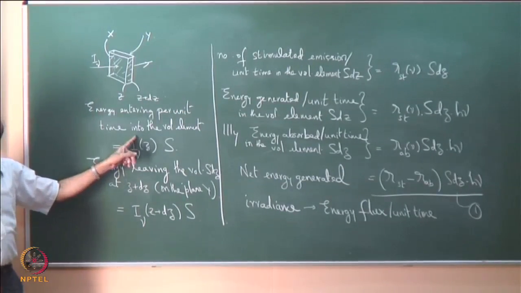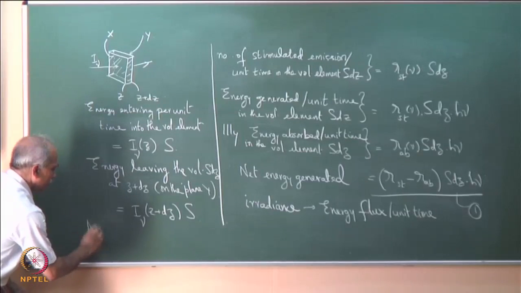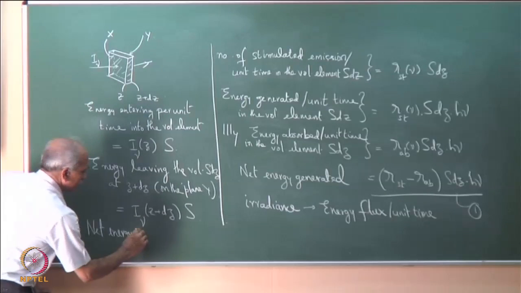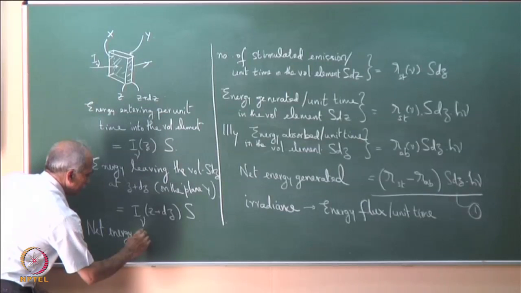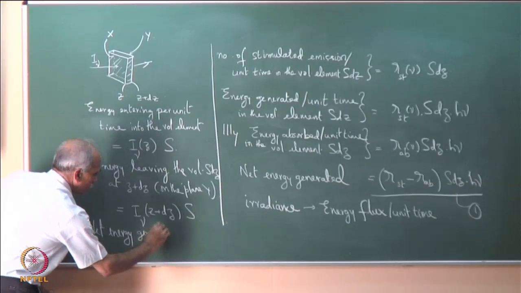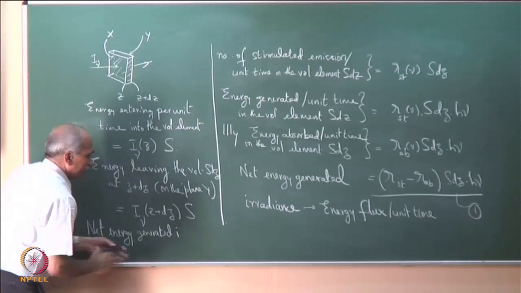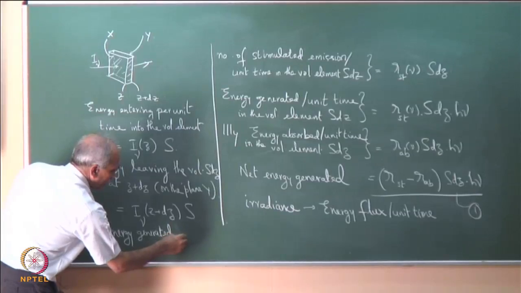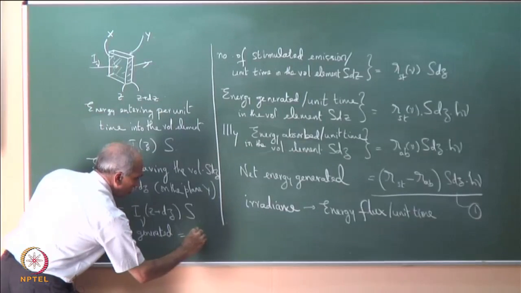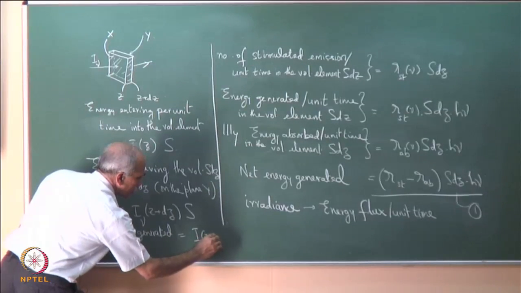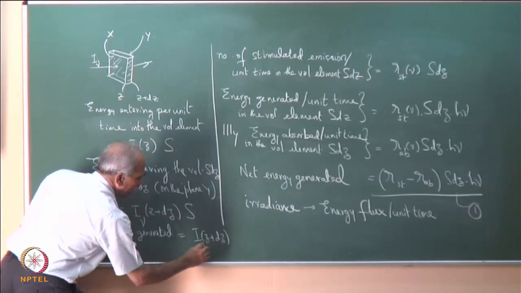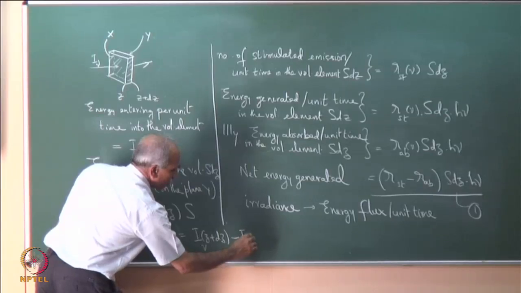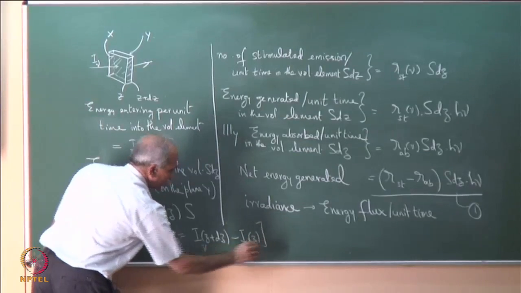Therefore, the net energy generated in the volume element per unit time is equal to what is leaving minus what is entering. So, I nu of z plus dz minus I nu of z, into S.